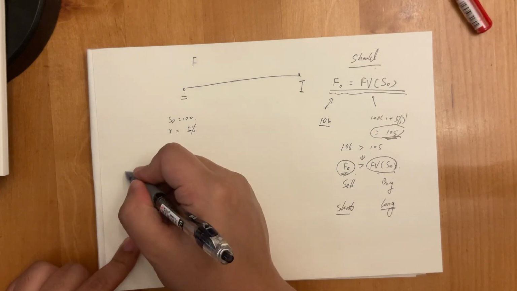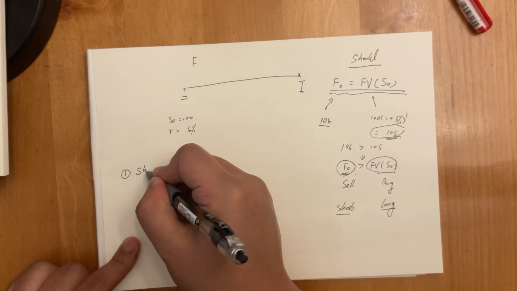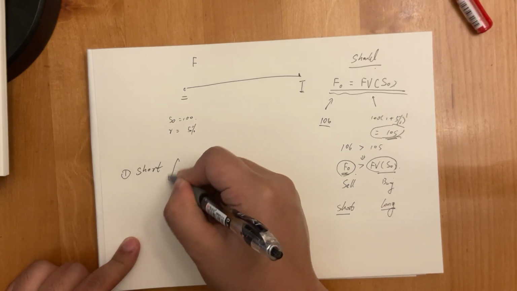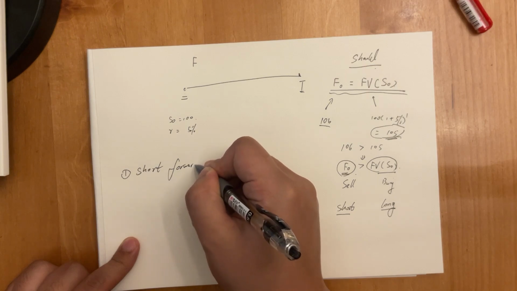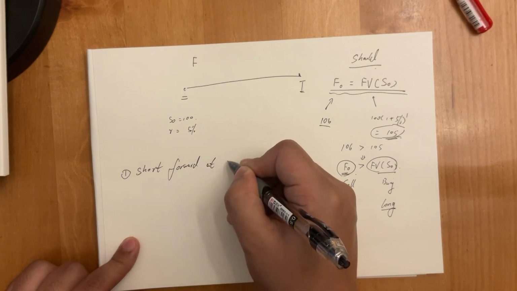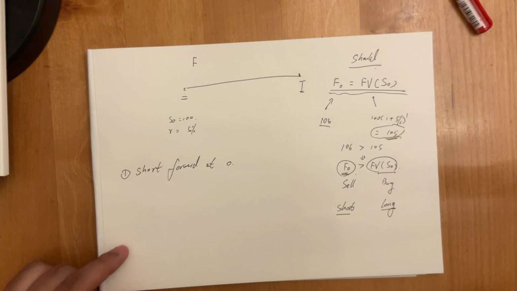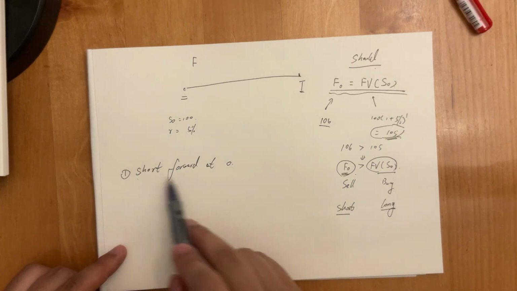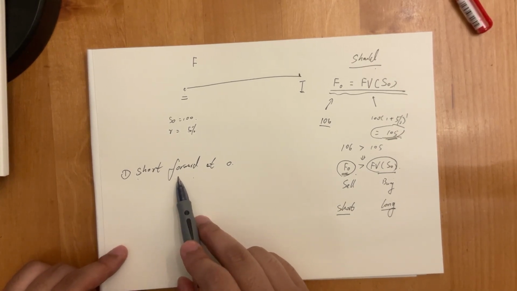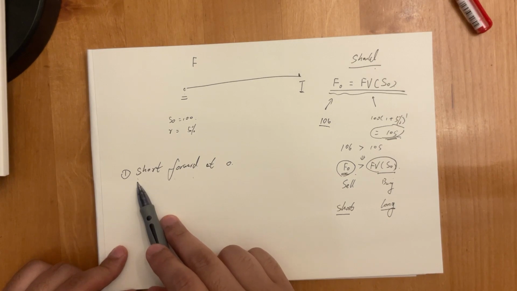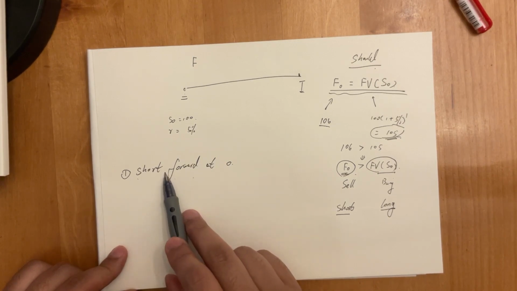So what I'm going to do is to short forward at time 0. And short forward means that you enter into the forward contract to sell a specific underlying asset.